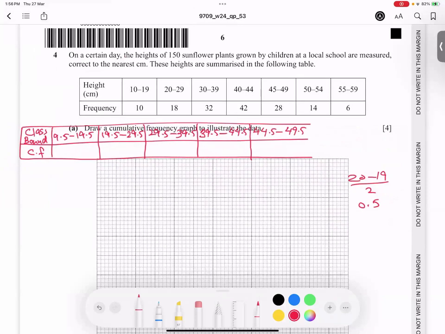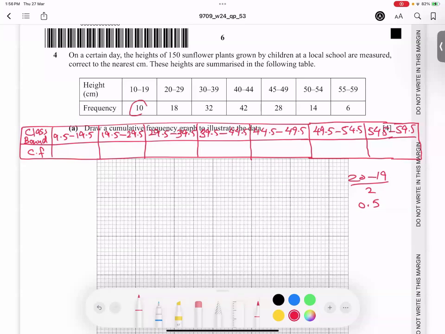Okay, and then I'm going to complete it now here. Okay, next 49.5 and 54.5. And last one, 54.5 and 59.5. So Alhamdulillah Rabbil Alameen.